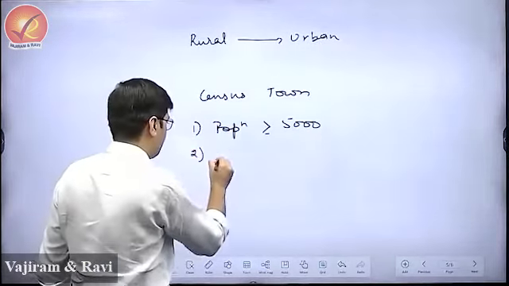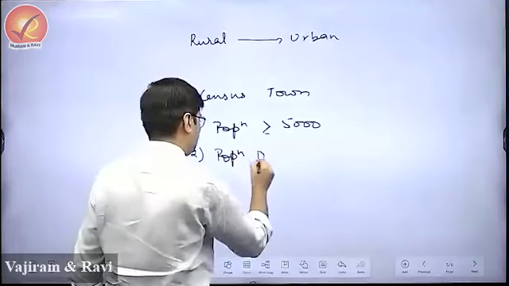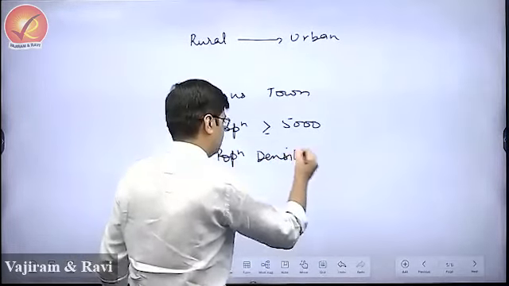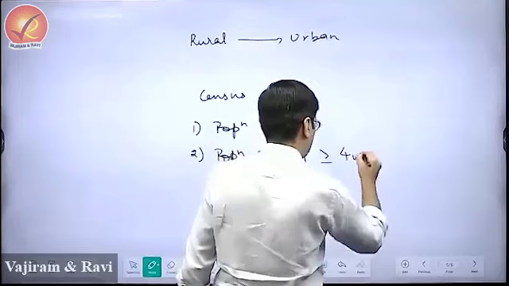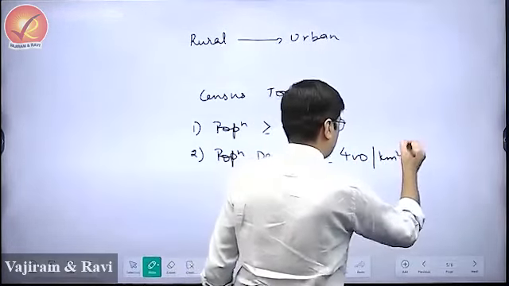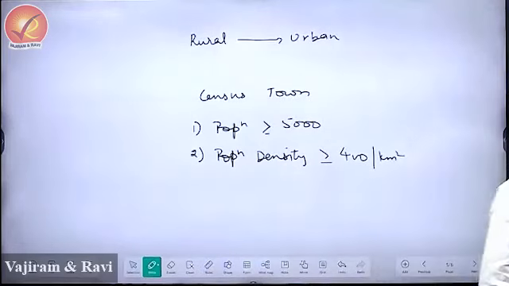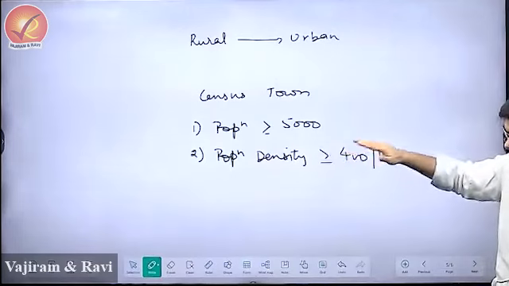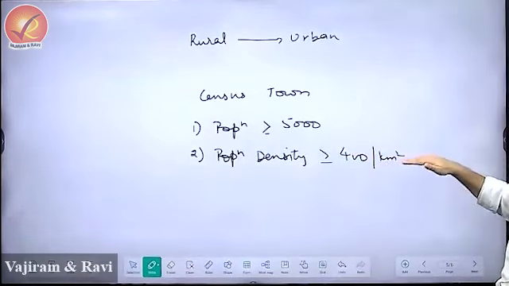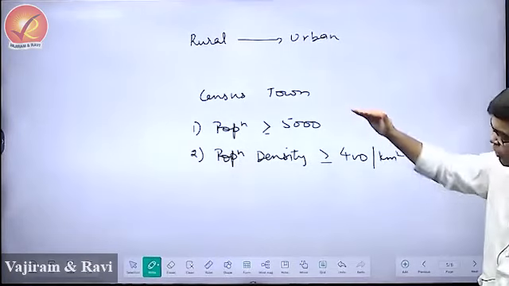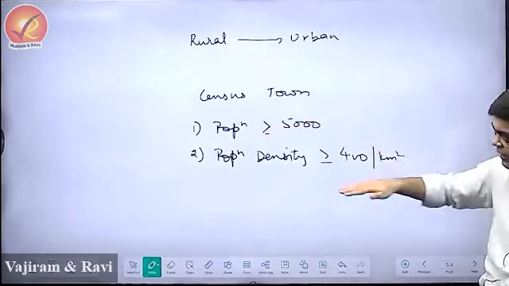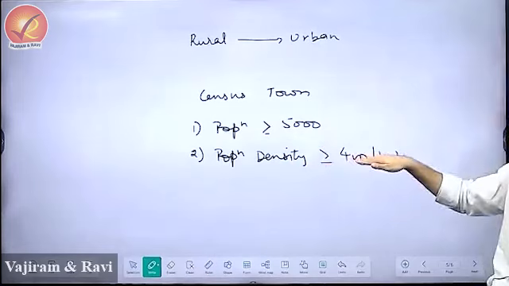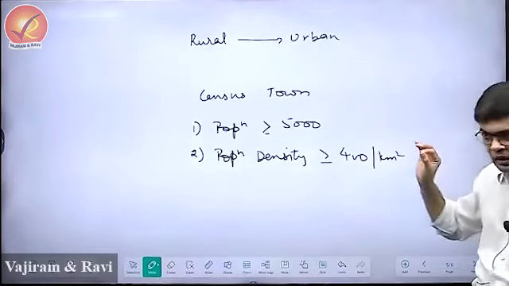Second, population density has to be at least 400 people per kilometer square. So population should be at least more than 5,000 and density of population should be at least more than 400 people per kilometer square.